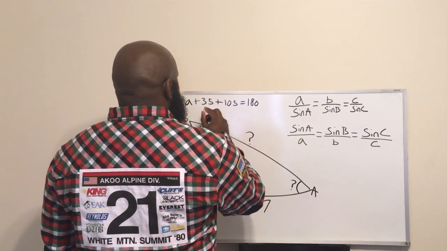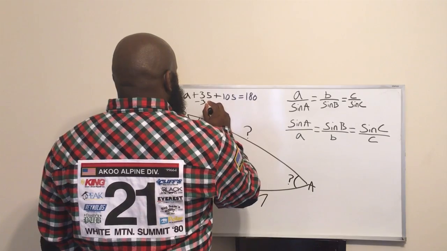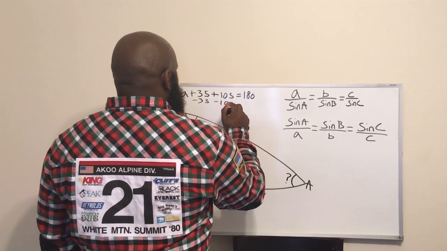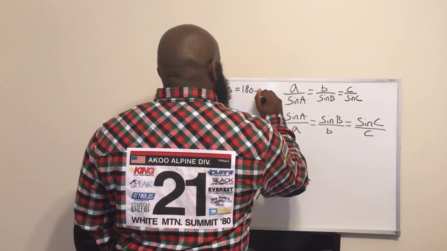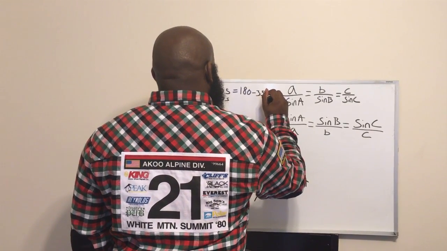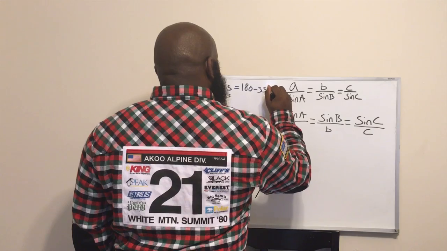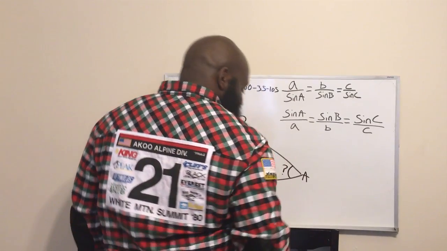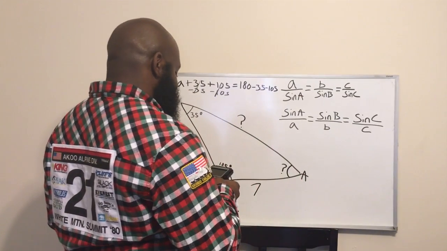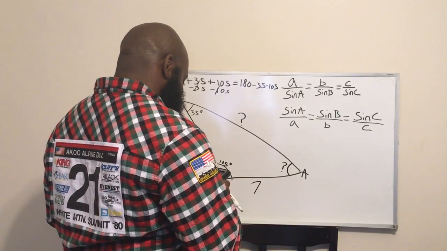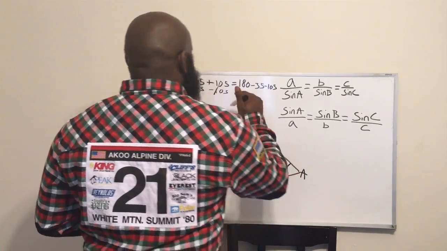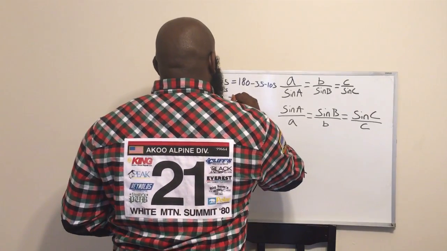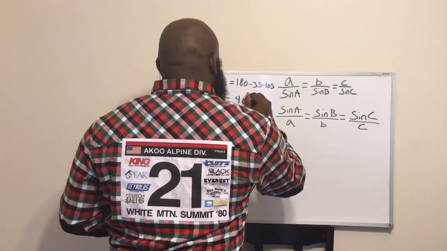So therefore, we're going to take these away from this side, and what does that give us? 180 minus 35 minus 105. That gives us 40. So angle A is 40.